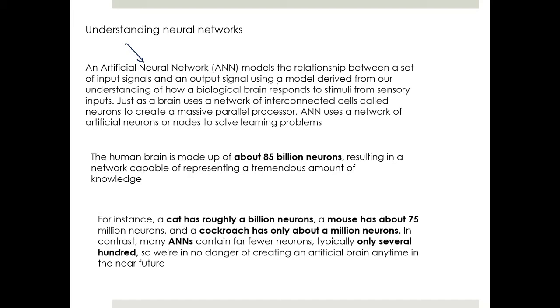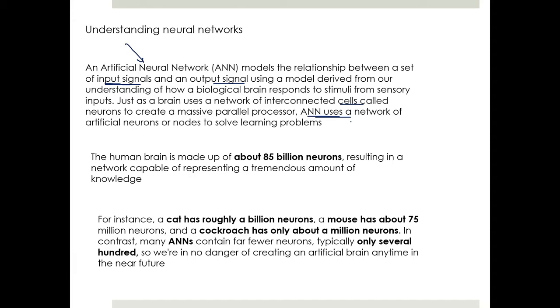So in ANN models, the relationship between a set of input signals gives you an output. So information is getting processed. Just as a brain uses a network of interconnected cells called neurons to create a massive parallel processor, ANN also uses a network of artificial neurons. Each neuron is also called a node.